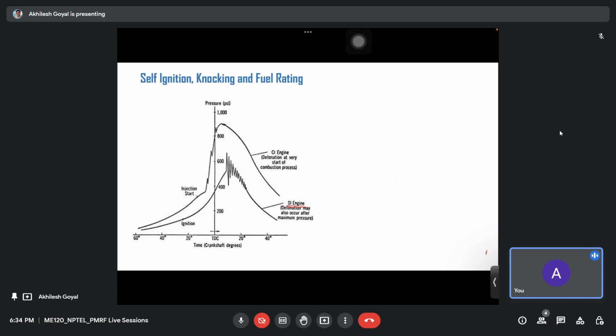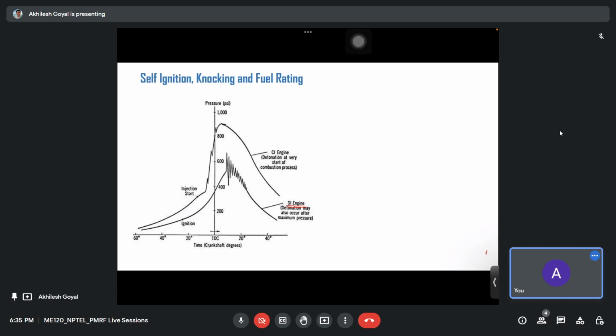So as this flame front is moving, this is causing the compression of the remaining unburned air fuel mixture, and at some time when the compression becomes very high, the pressure and temperature of the unburned fuel plus air mixture rises to a value that is the self ignition temperature of the fuel air mixture.